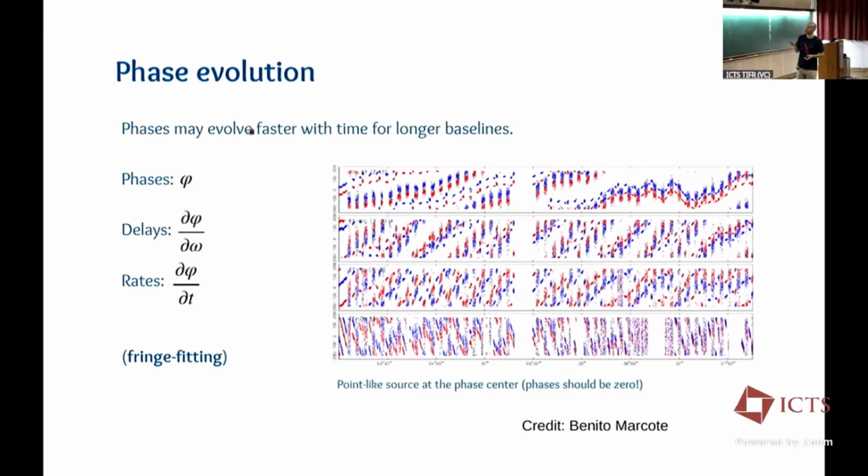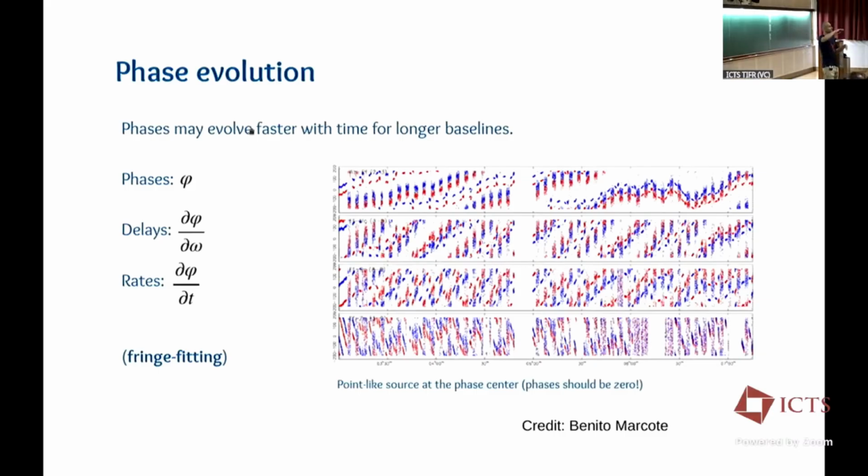And here we go. Here are our phases. This is now as a function of time, we have our phases as such. And as you can see, this is sort of as a function of frequency. No, this is two polarizations and different frequencies. This is why this is so broad, and there is structure to the phases, but as I said earlier, for a point source in the phase tracking center, we want to have our phases all zero, right? So this is far from zero.